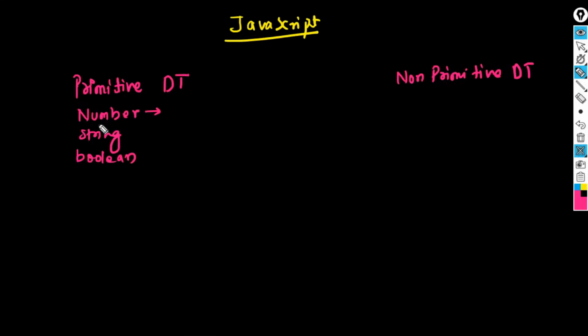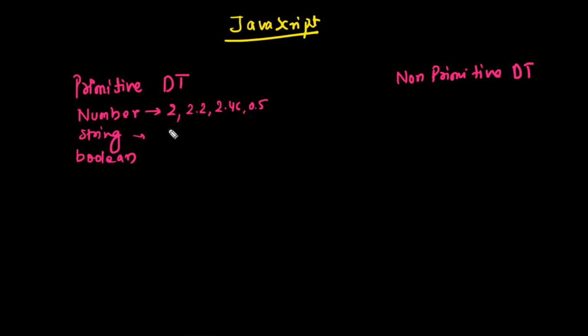Number means there is no separate whole number and decimal number in JavaScript. Number can be 2, or 2.2, or 2.46, or 0.5, anything. String means anything inside double quotes.